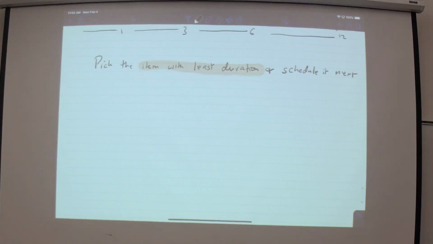So how do we reason about a greedy algorithm? The way to reason about its correctness is to do something we haven't done a lot of in the past. We have to talk about what the optimal solution might be. We did a little bit of this with dynamic programming, but not too much.